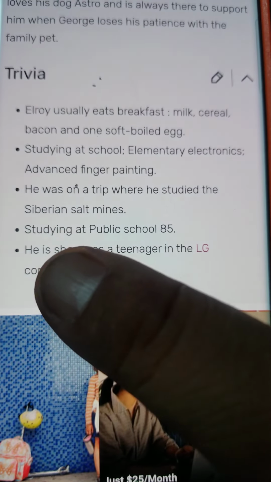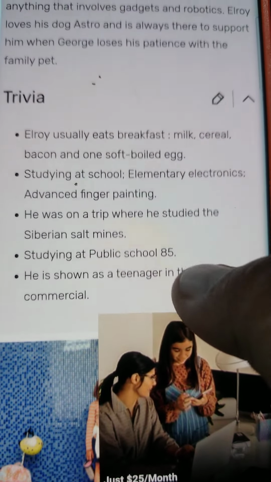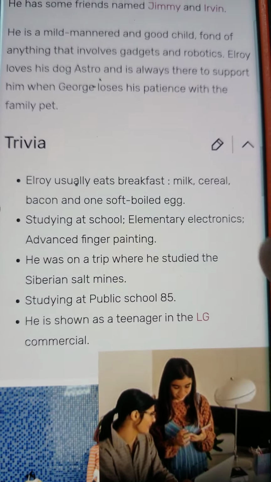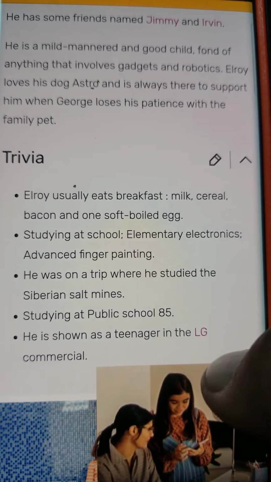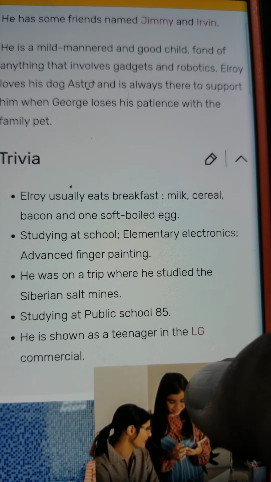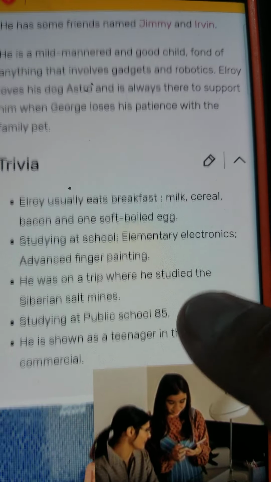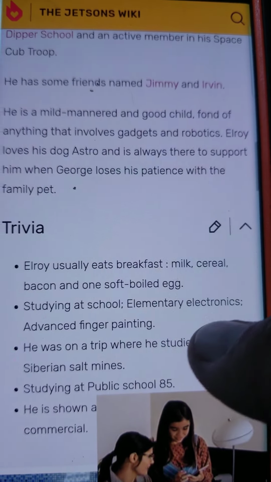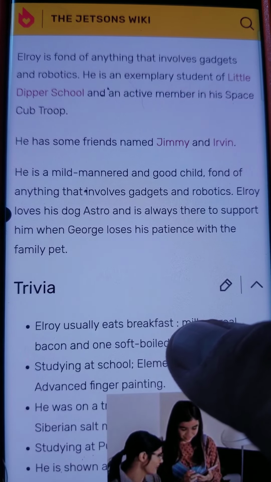Also, he studies at a public school. 85. 8 plus 5 is 13. There go the numbers again. And I would maybe even try to see if you can get some assets, or how to invest in LG and see how that works for you, because LG is mentioned here too. You've got to have this all together.